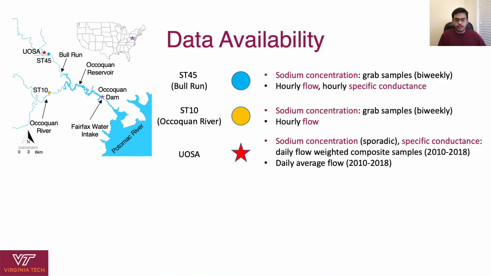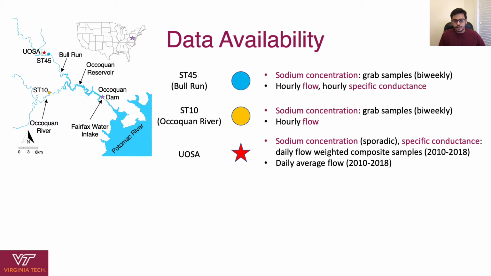At ST45 and ST10, we had long-term data of sodium concentration measured on grab samples every 2 weeks, along with hourly stream flows. Continuous measurements of hourly specific conductance were also available at ST45.